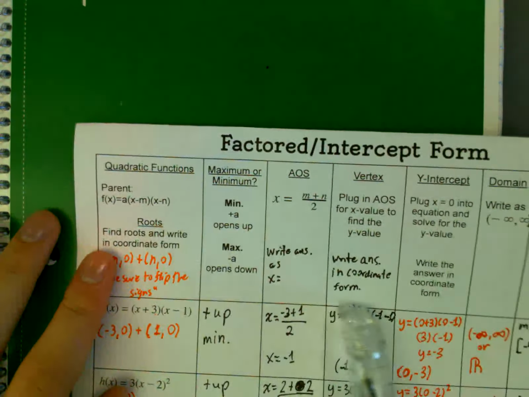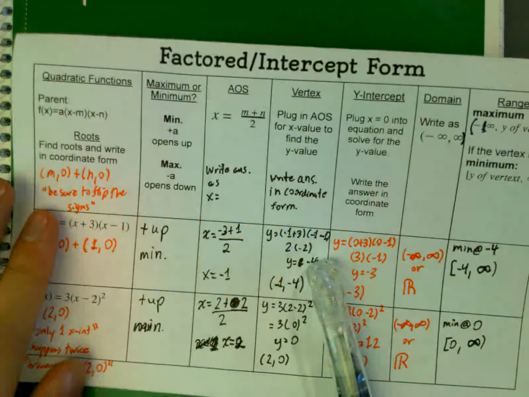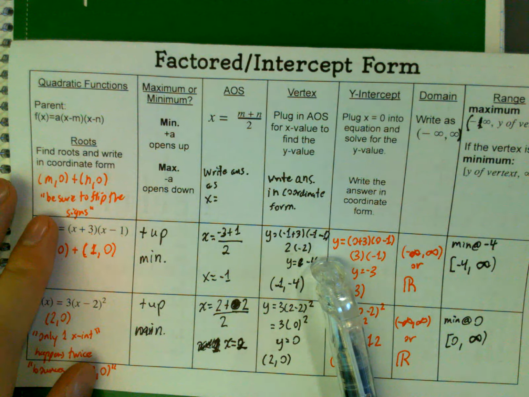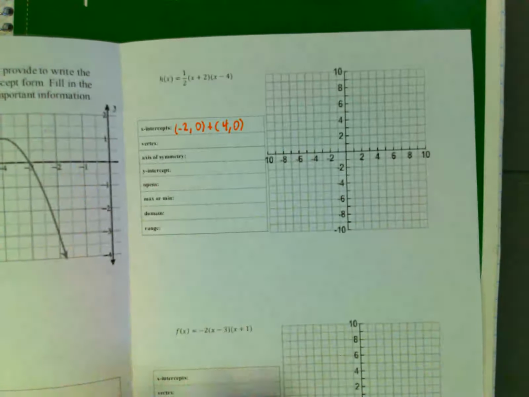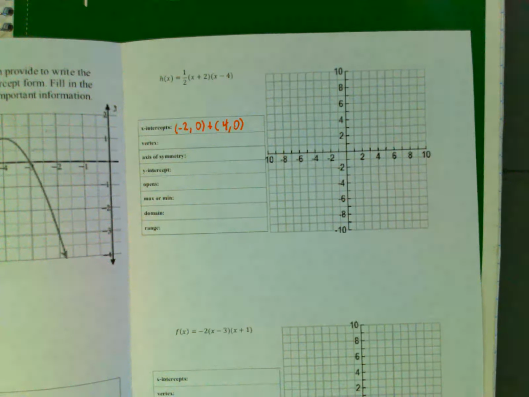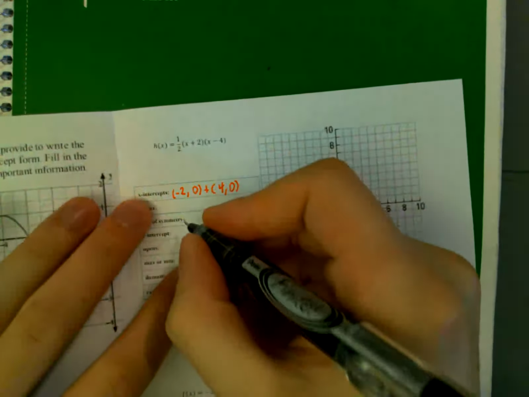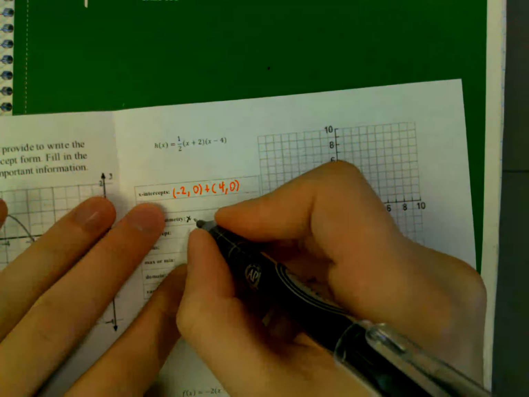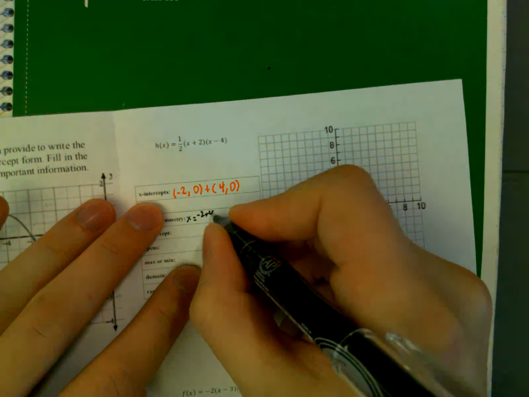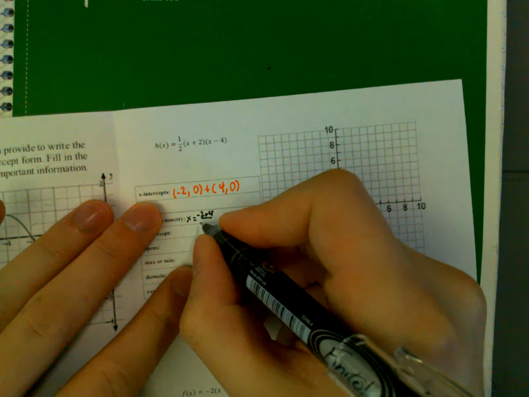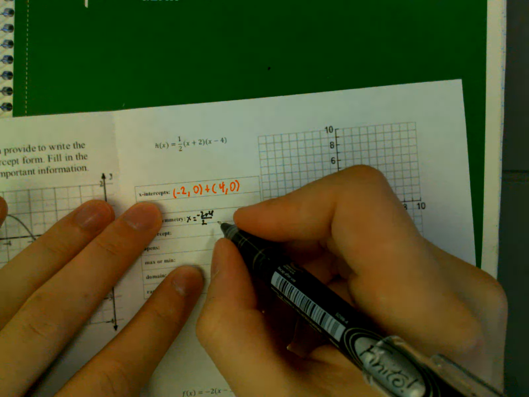Sorry, not the vertex. Hold on. Let's find the axis of symmetry first. So m plus n over 2. So we're going to have x equals -2 plus 4 over 2.